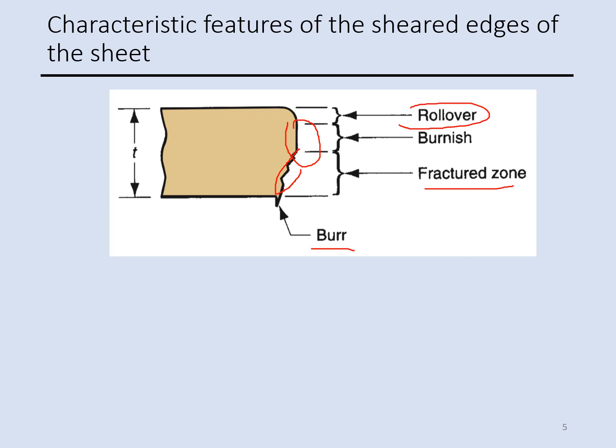Finally, at the bottom of the edge we have the burr, and it is a sharp corner at the edge of the sheet metal. Burr actually happens because of the elongation of the metal during final separation of the two pieces.